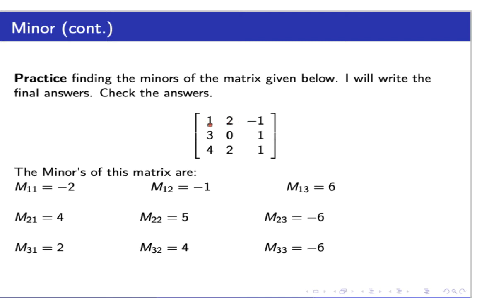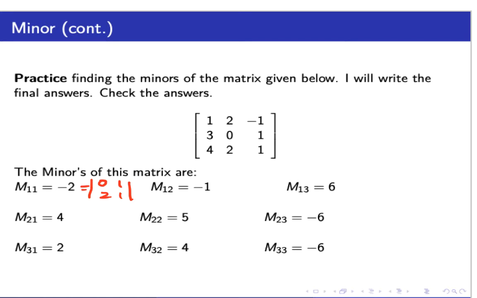When you're given this one, select M11, first row, first column. What you're getting would be a minus 2. I would like you to write it down. I'm just going to write one for you here. So this is basically the determinant of the matrix 0, 1, 2, 1. Go ahead, write down each one of them and see if they match the answers. If there are issues, just send me an email.